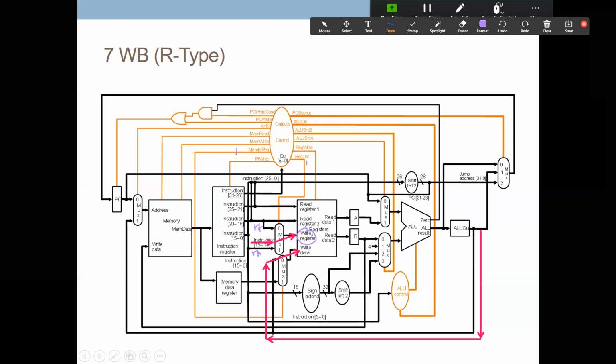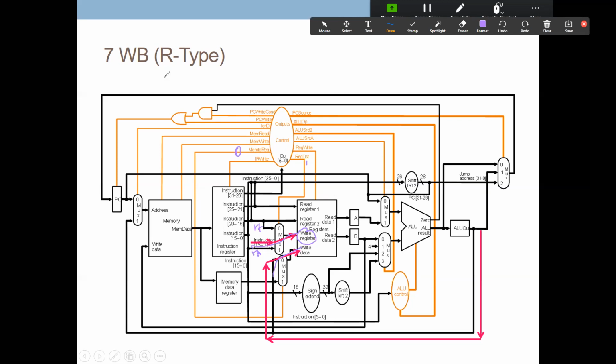Okay, and what else do we need to set besides these two control signals? I have register destination, and memory to register, sorry, this has to be 0. So memory to register has to be 0 so that I take the value coming from above. What else is missing?